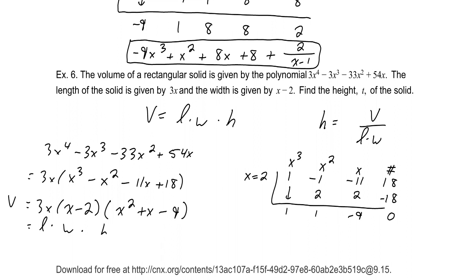So find the height, and they tell us to use t there, equals x squared plus x minus 9. So division can actually help us factor much quicker in lots of cases.